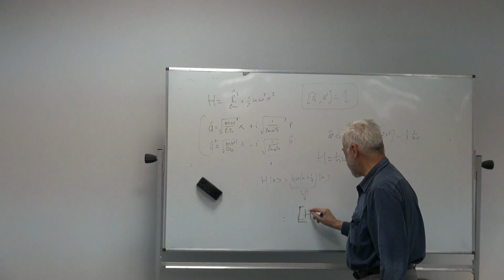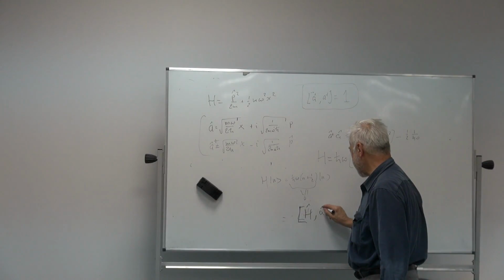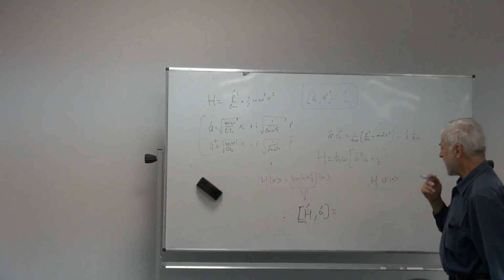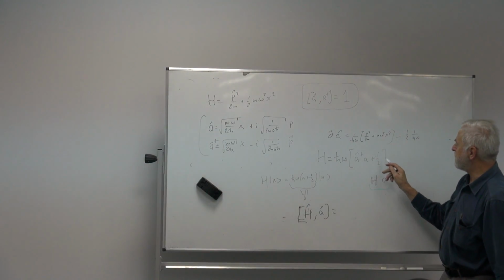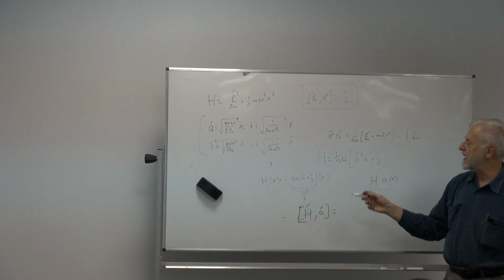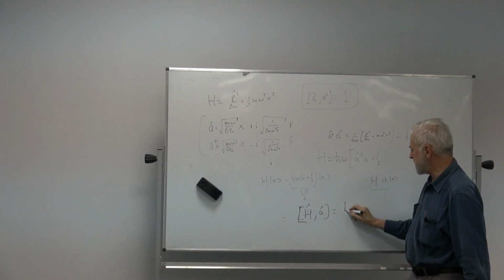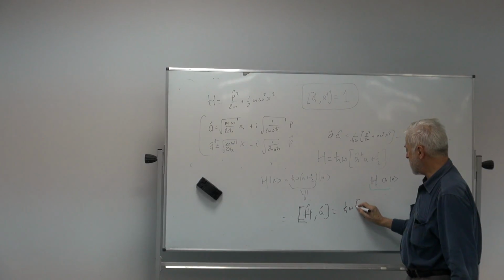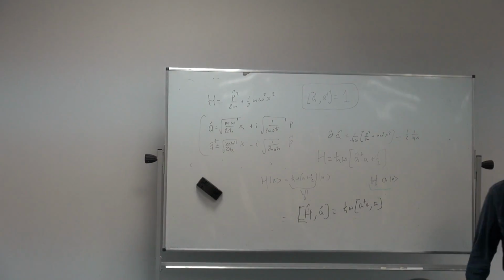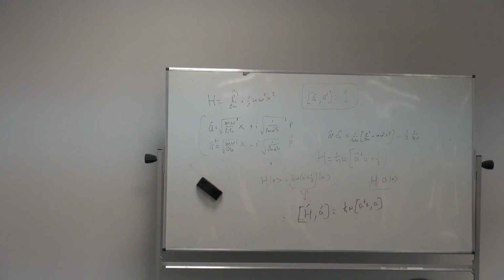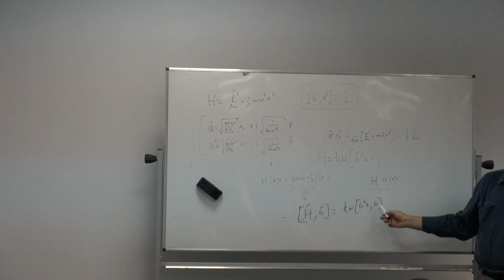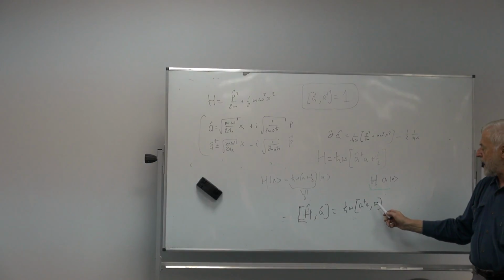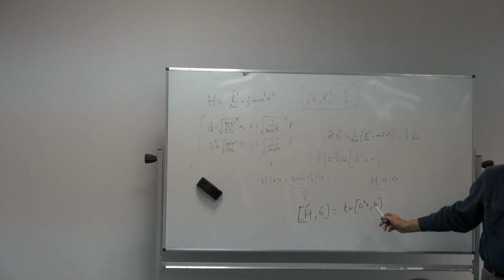The commutator of the Hamiltonian with A. When I take my expression for the Hamiltonian, this term of course commutes with A, and that's not interesting. What's interesting is h bar omega times the commutator of A dagger and A. With the magic formula, I can pull A dagger to the left, and then this term is 0, or I can pull A to the right, and this term is minus 1.